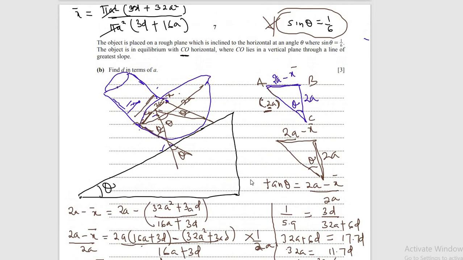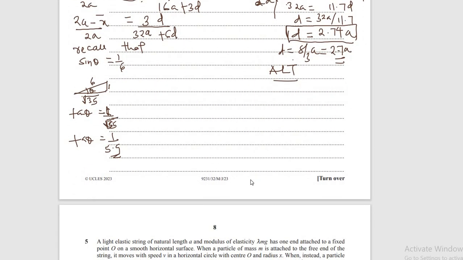Now, from here, you can do sine theta. So from that diagram, sine theta can also be 2A minus x over 2A. If you use this and simplify, you are going to get d as 8 over 3A, which is equal to 2.7a.